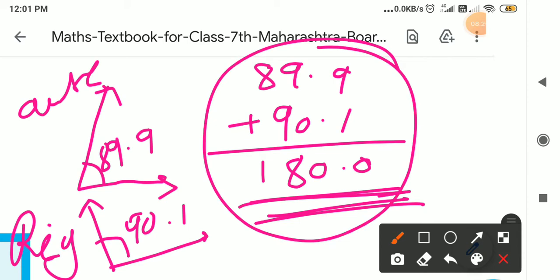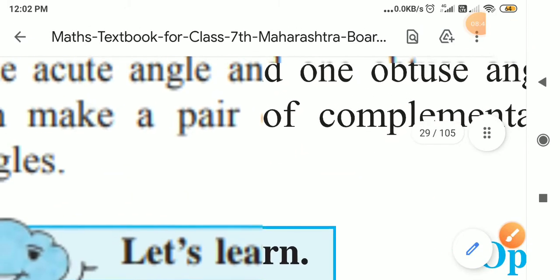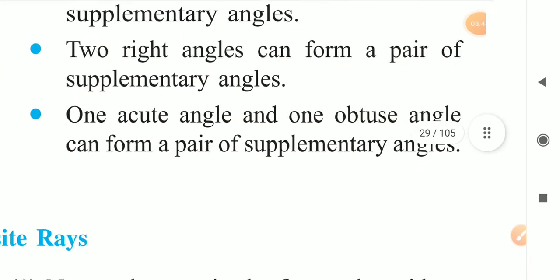One more reason: what is the definition of complementary angles? The sum is 90 degrees, but here one angle's measure is 90.1, more than 90, and an obtuse angle's measure is more than 90. That's why these two cannot make complementary angles.